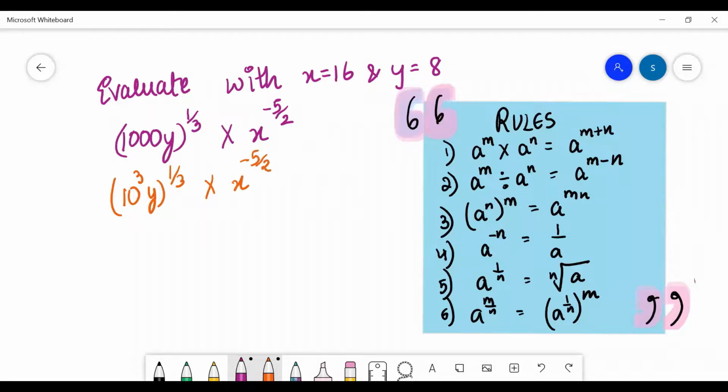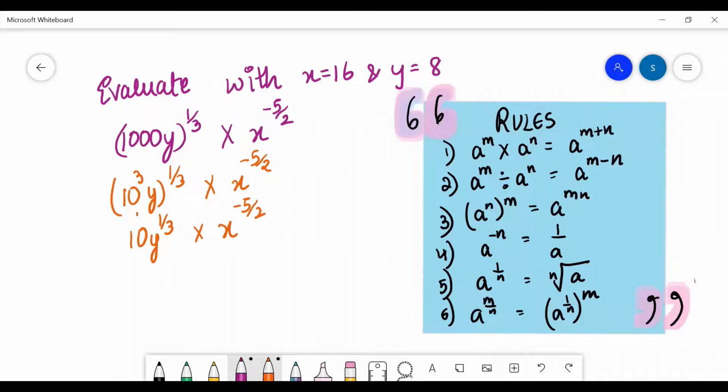If you open the bracket, you get 10^(3 × 1/3). So this 3 and 3 get cancelled, you're left with 10. Let me write that directly, 10y to the power 1/3. Now remember that this 1/3 is only over y, guys. That power is not over 10 because we just simplified the powers for 10. And x to the power -5/2.